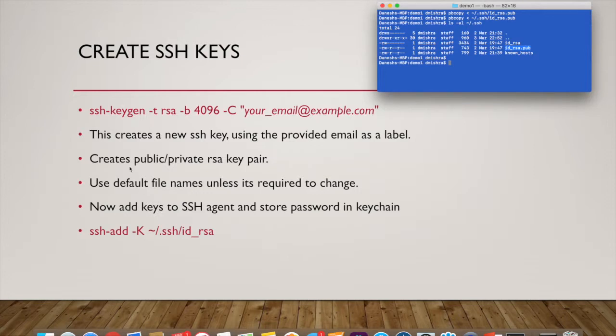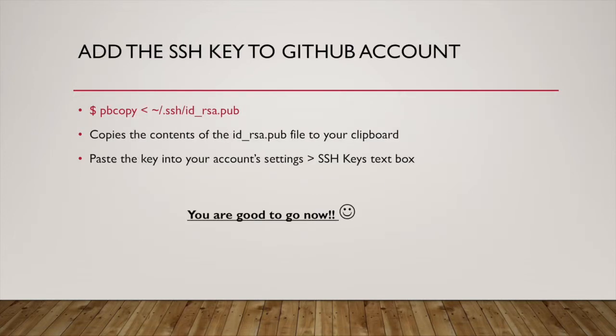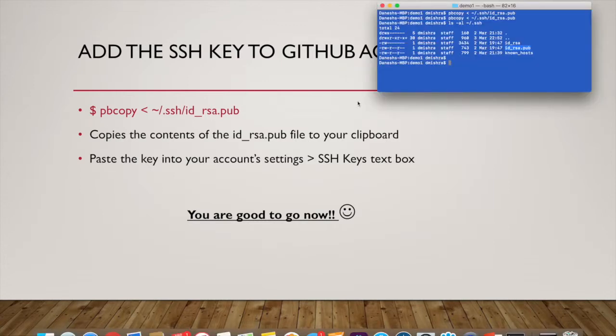And then once you have done that, you added your id_rsa, basically your keys, to the ssh agent, and stored the password in the keychain. Once that is done, the next and last step on the terminal side is you just run the pbcopy command on this public key file.